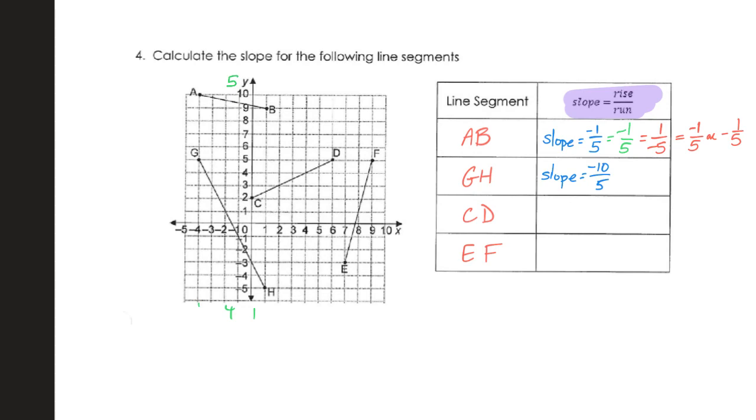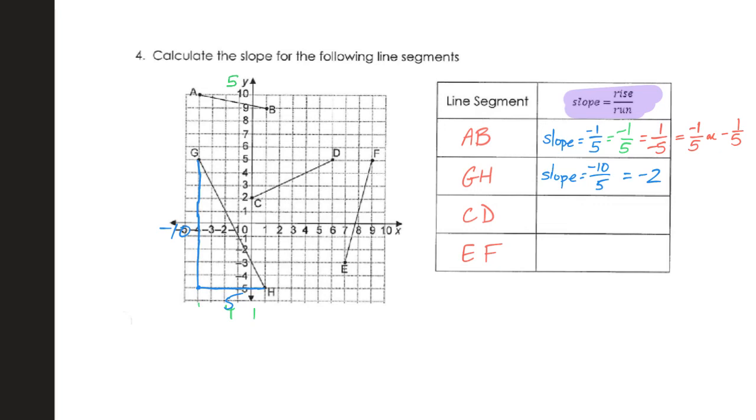But as those points get really far apart, counting 4, 5, 6, 7, 8, 9, and so on, it just gets so tedious. But we can determine that. I have a rise of -10, I have a run of 5. When I simplify that, because I can divide that out, I get -2. Please don't write down -2/1. You know that I'm going to put a boo on your page if you do that.